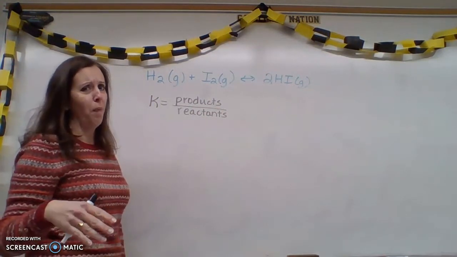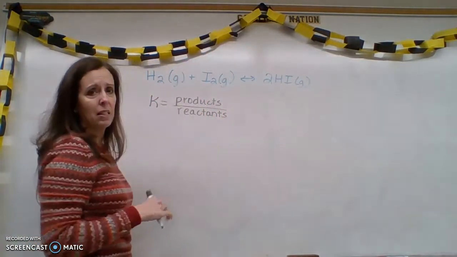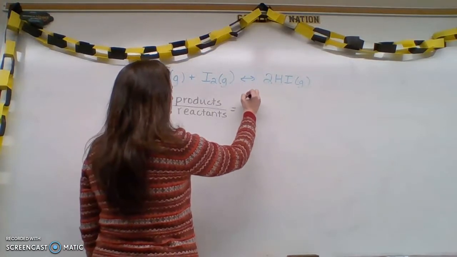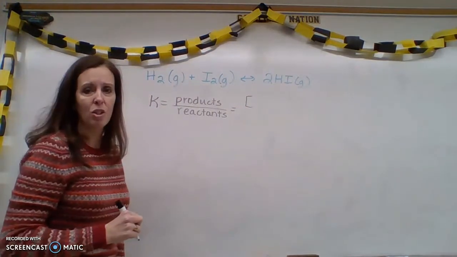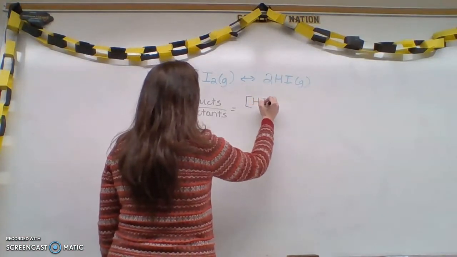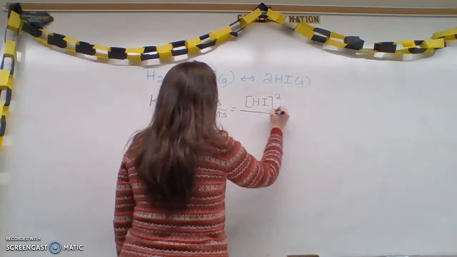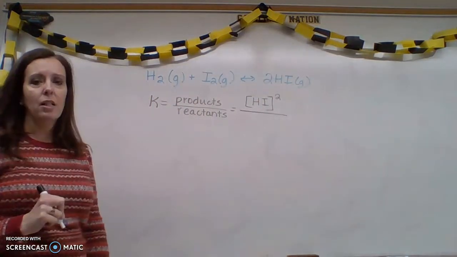And you should know by this point that this is the product side and this is the reactant side. And here's how you write it. You use those concentration brackets. You use brackets to show concentration. And you put the substance in the brackets. And whatever number's in the balanced equation, that's your exponent.